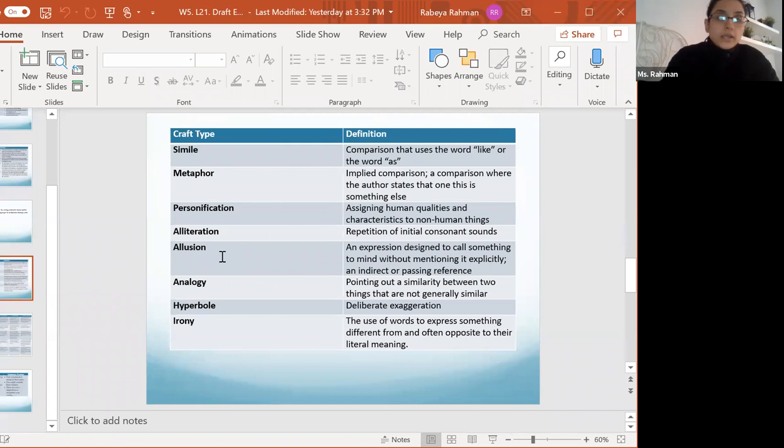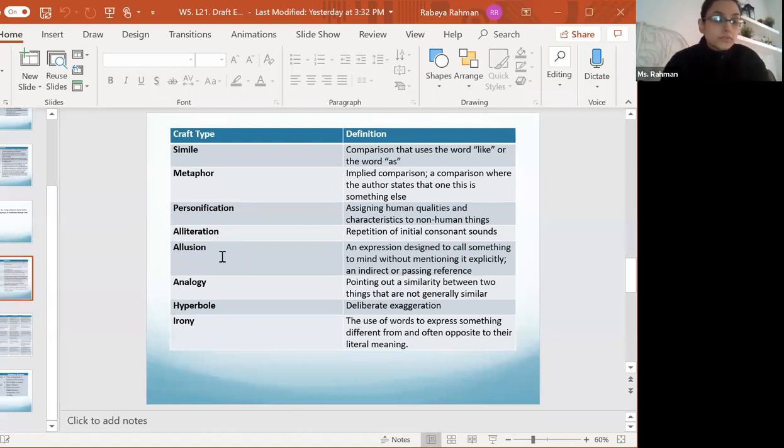I know I put this chart up every single day, but I think it's important that we continue looking at this craft type chart because remember, the way that I'm going to be grading your paper is I'm going to be looking for an exact number of literary devices that you have included. So if you're noticing that you haven't included a craft yet, I think you should use this chart to figure out which one would best fit inside of your piece, right?